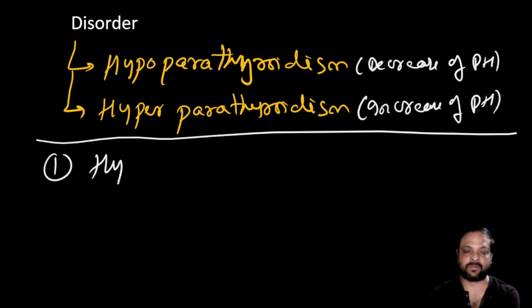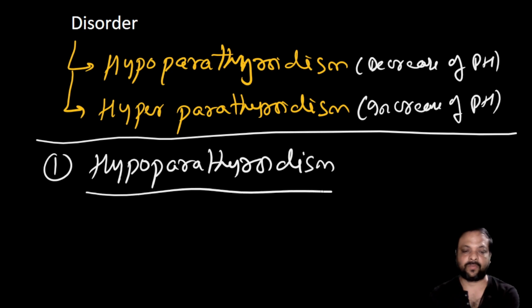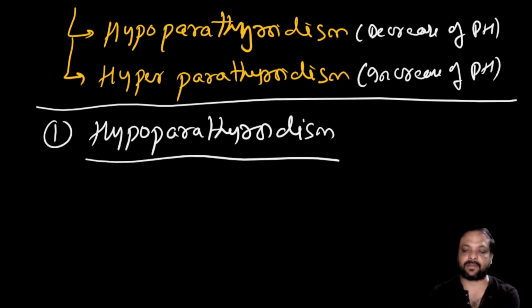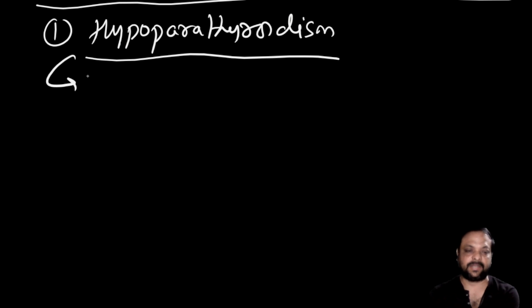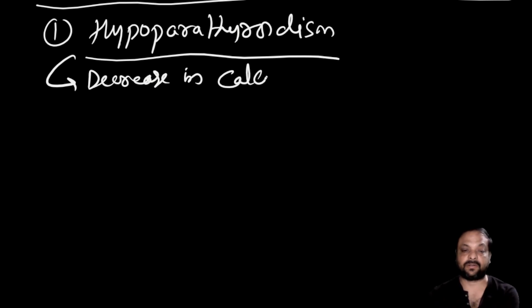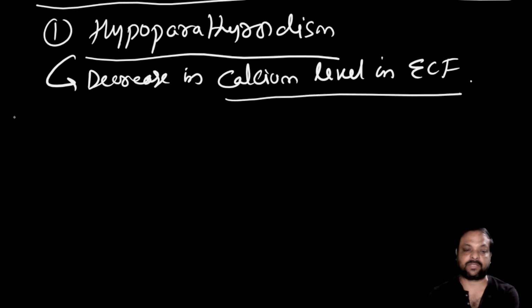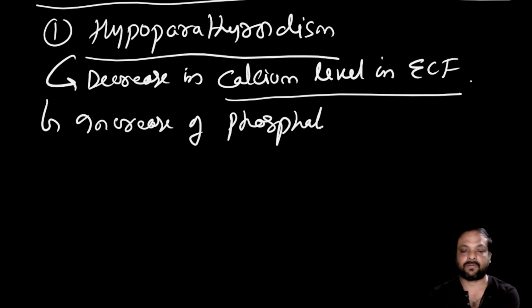First, we'll discuss hypoparathyroidism. Normally in this condition, when hypo takes place, there is a decrease in calcium level in ECF, and simultaneously we find an increase of phosphate in ECF.